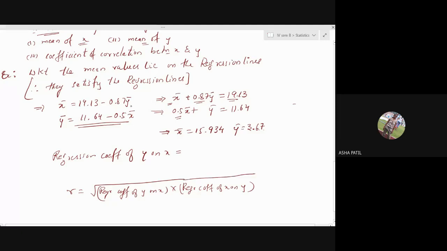From these two line equations, tell me what are the values of regression coefficients of x on y and y on x. What's the value? 11.64. Which one are you telling? Repeat it, please.